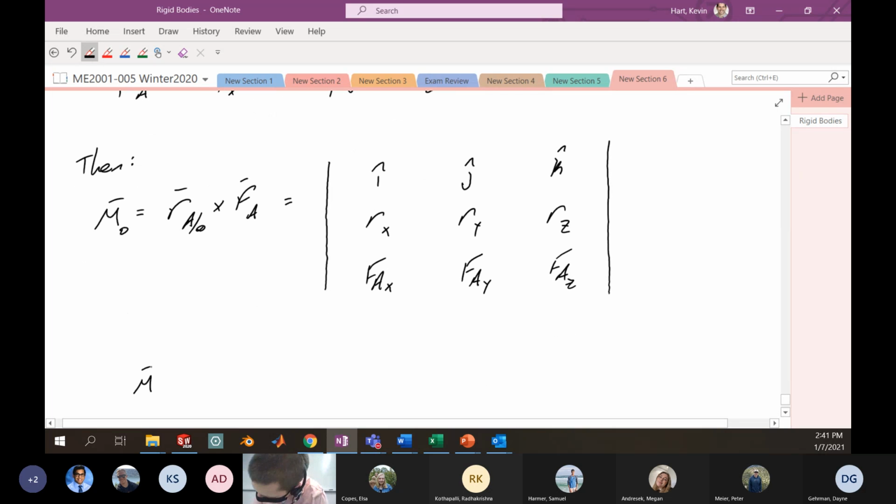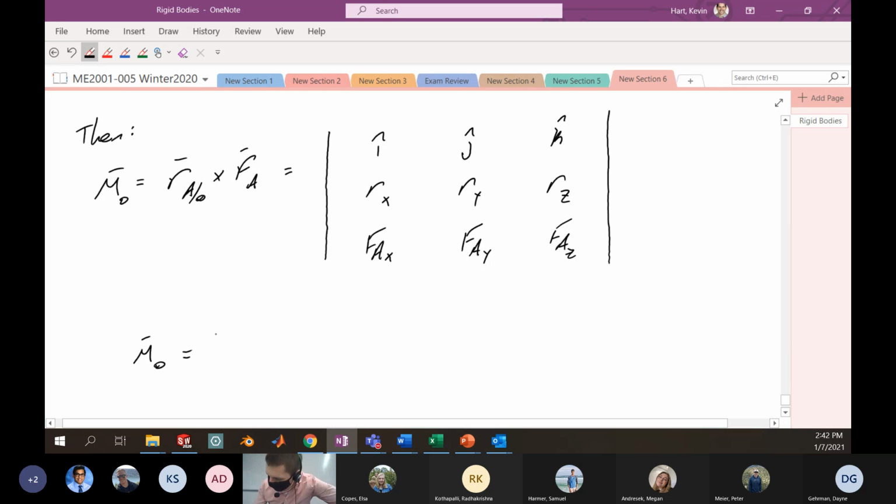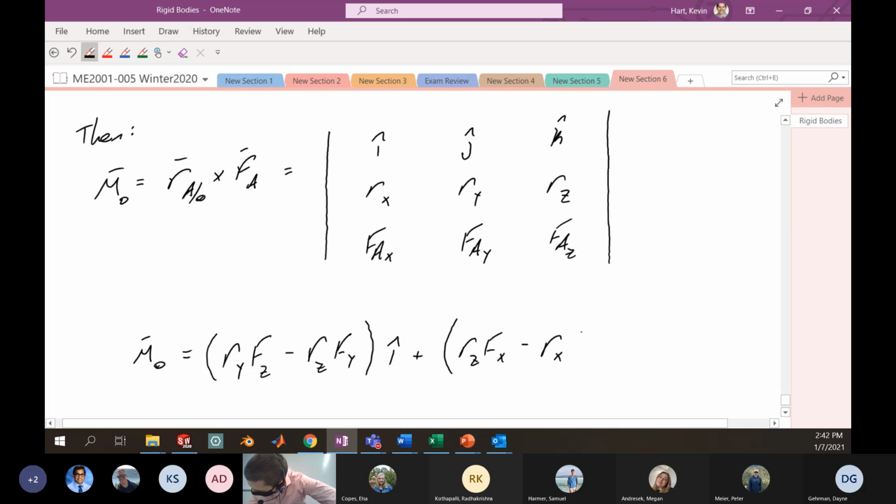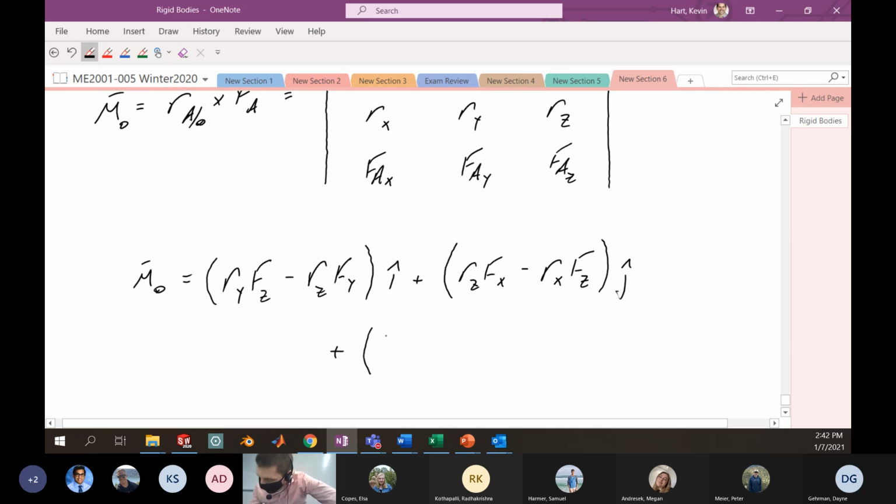All right, and you could go through this with all of your diagonals, et cetera, and come up with your expression for the various components of your resulting moment vector, which would be something like Ry Fz minus Rz Fy in the i hat, plus Rz Fx minus Rx Fz in the j hat, plus Rx Fy minus Ry Fx in the k hat.